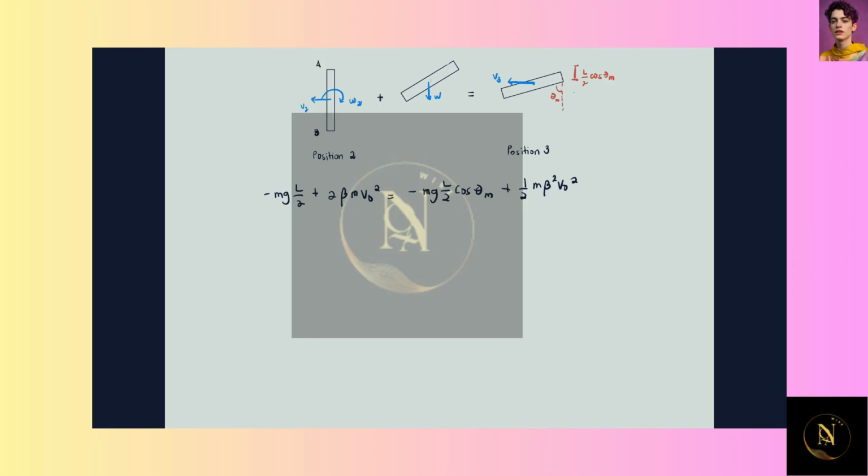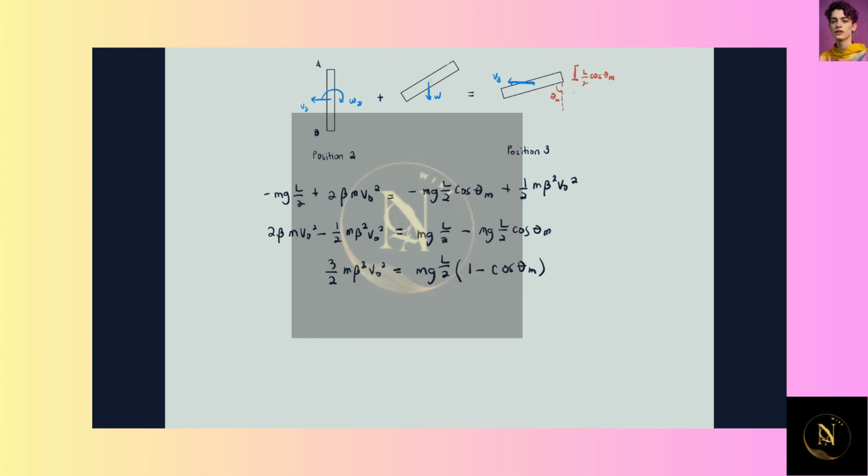Simplifying this, we'll have 2 beta mV0 squared minus 1/2 m beta squared V0 squared equals mgL over 2 minus mgL over 2 cosine theta m. So the left hand side would be equal to 3/2 m beta squared V0 squared equals, factor out mgL over 2 times 1 minus cosine theta m.